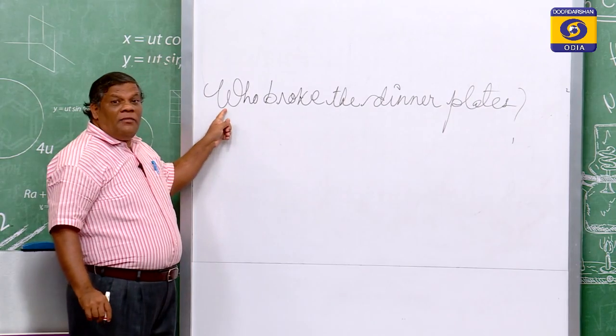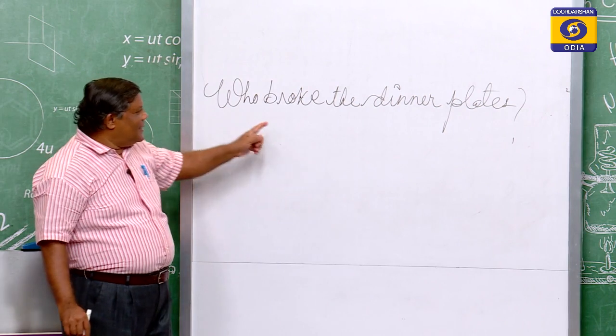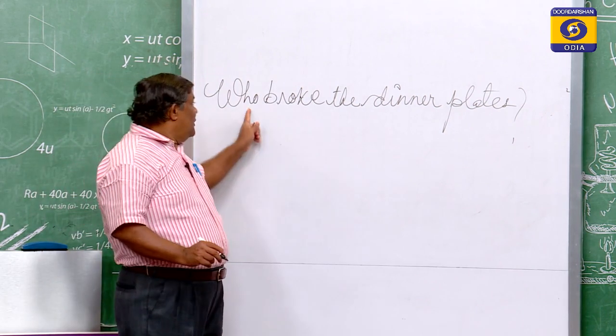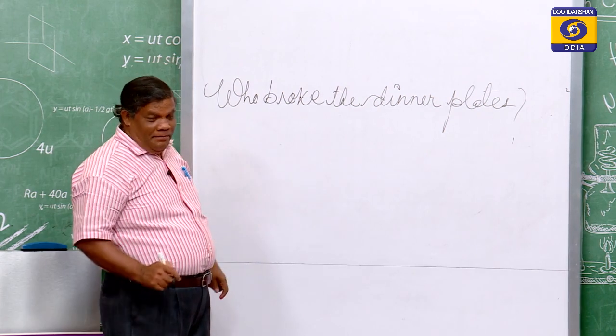Who broke the dinner plates? When we make such sentences passive with who, it can be made passive in two ways.